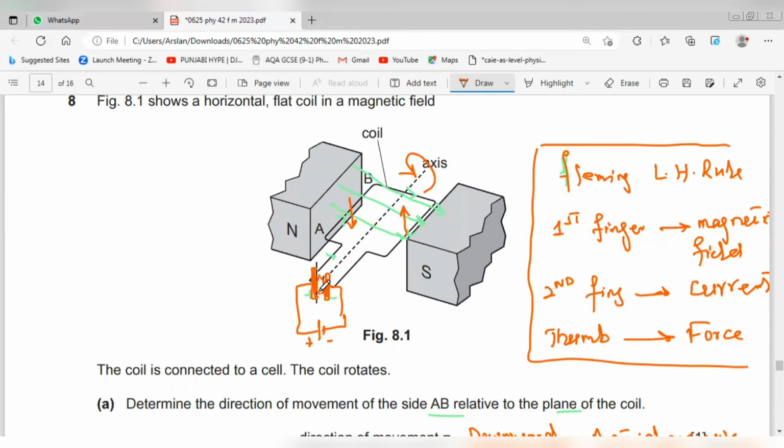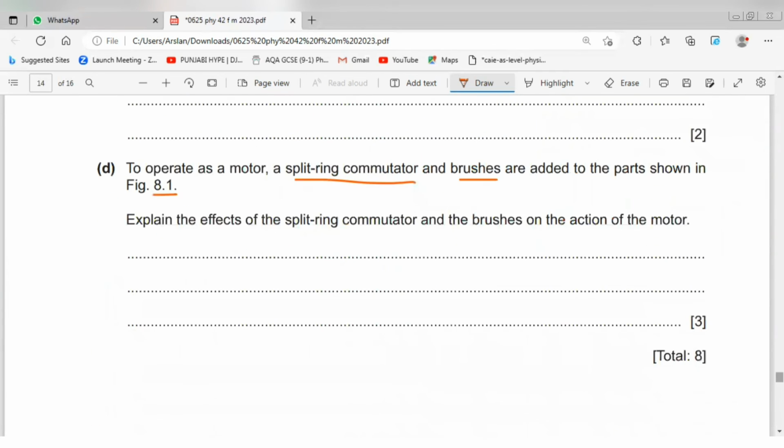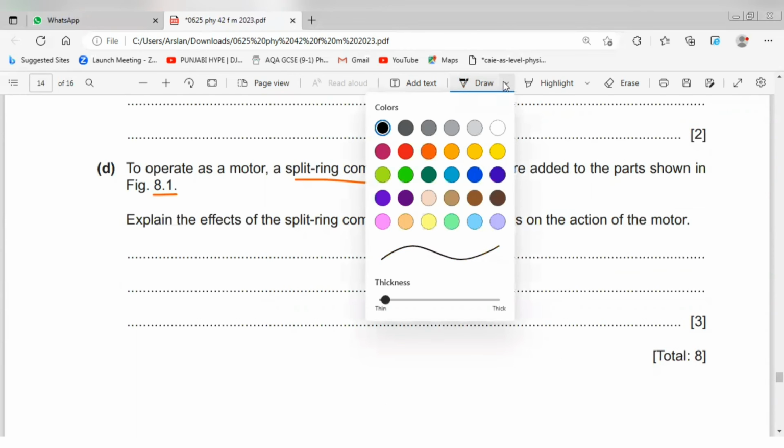Carbon brushes are used to transmit the current to the split ring and to the coil, and the split ring commutator changes the direction so that the coil may take a complete rotation. So we'll write the answer to get 3 marks.